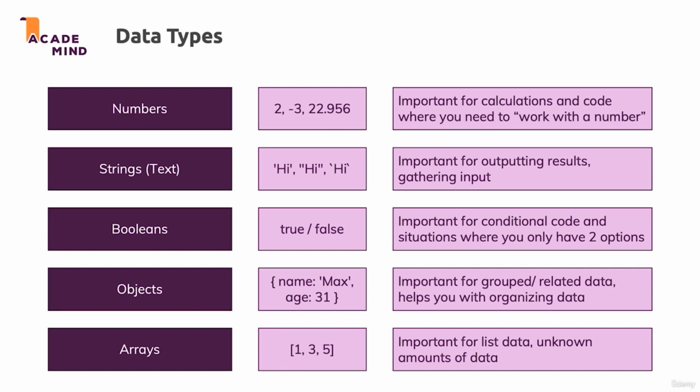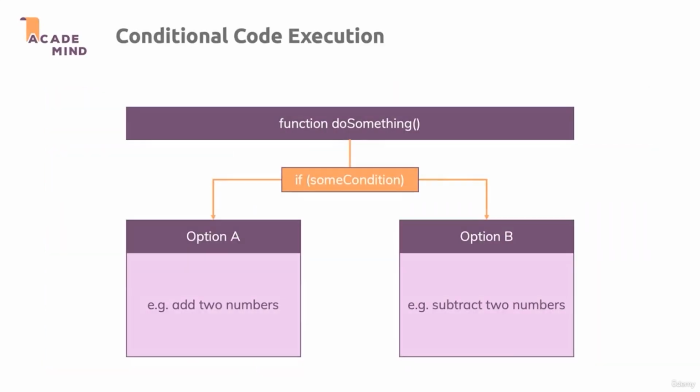But that's exactly what you need in a condition, because a condition executes code A if it's true or code B if it's false. Now, since a condition in an if statement wants in the end just true or false, you can always pass in a variable that holds true or false into that condition part. So you can always add if and then just check that variable and the value in there.